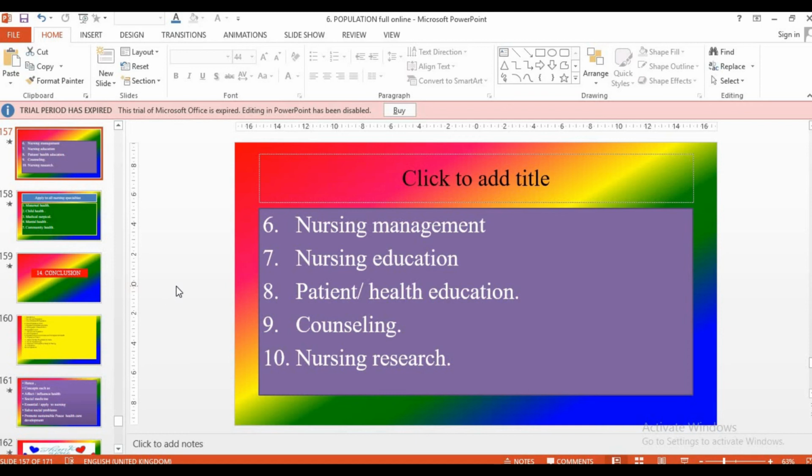These are the factors need for better nursing research: problem formulation, data collection, hypothesis making, research design, then sample determination, etc.